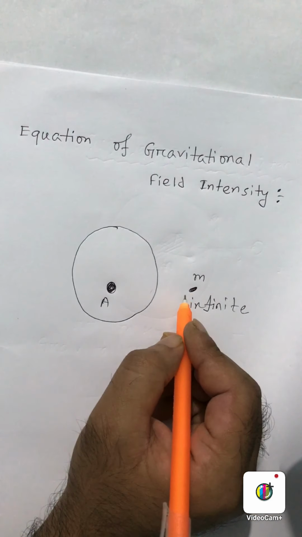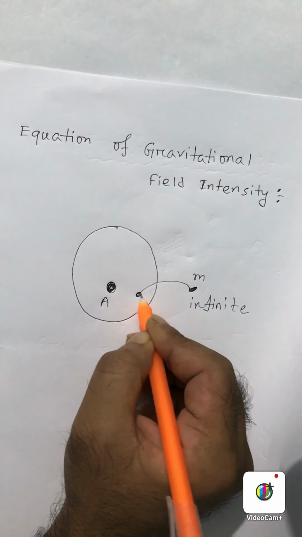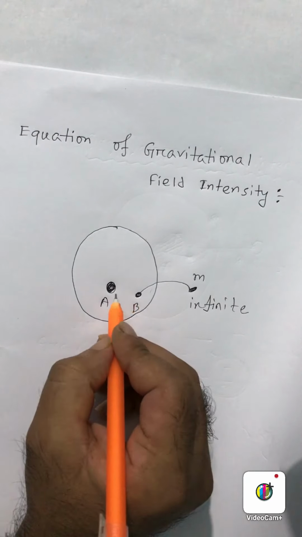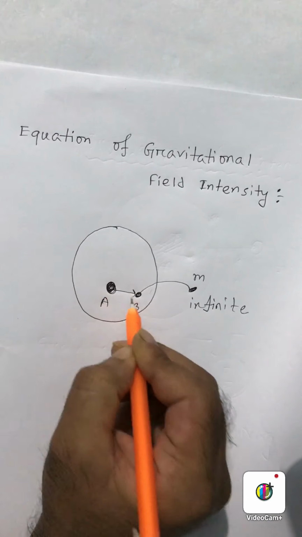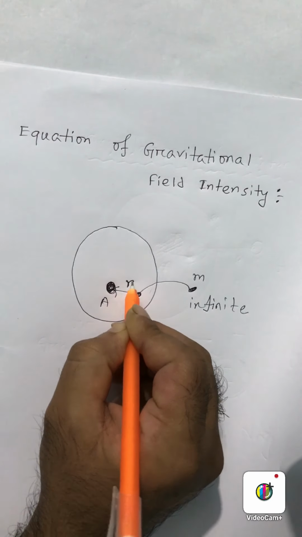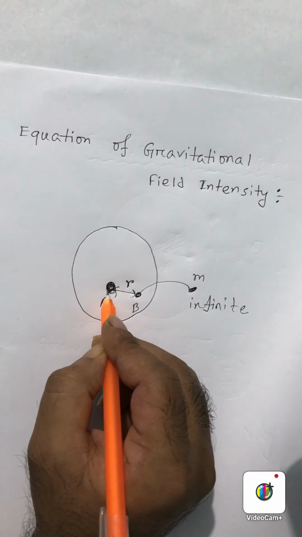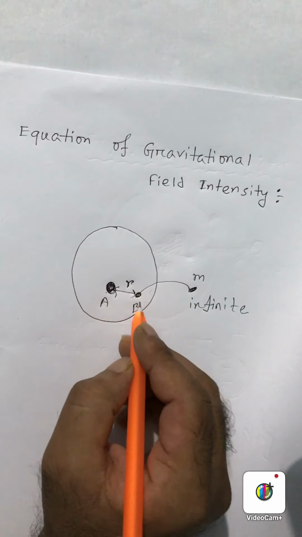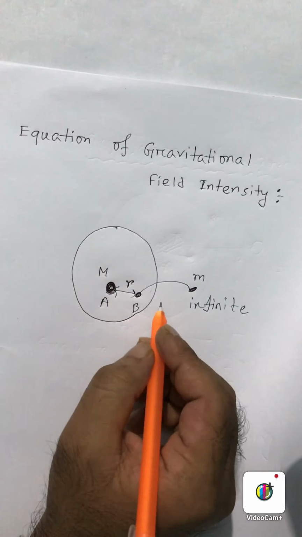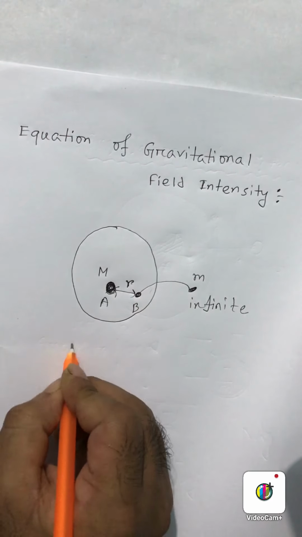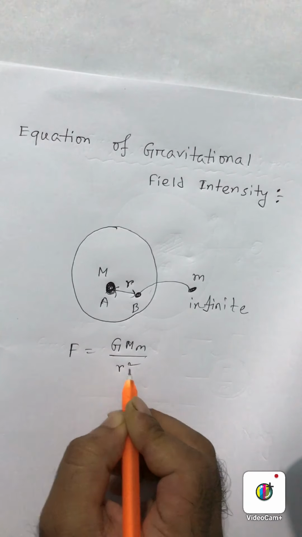Now if we bring this object from infinite distance to a point B inside the gravitational field, the distance from object A is R. The distance between objects A and B is R, and the mass of the large object is capital M. Now the attraction force F is G capital M small m divided by R square.